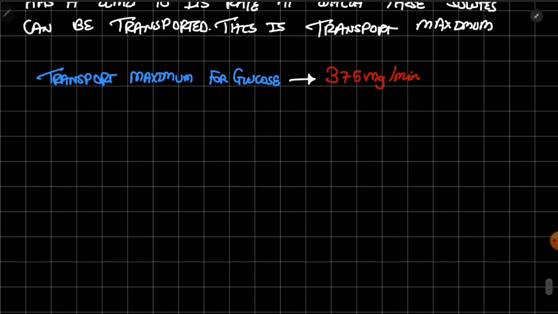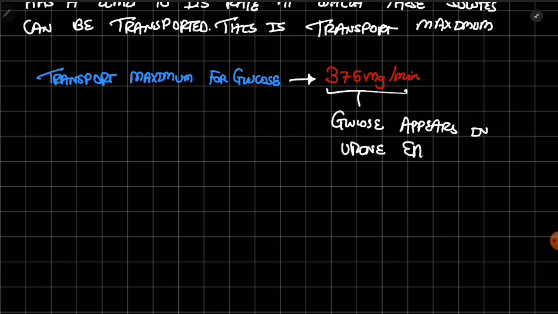Glucose appears in urine earlier. Why does this splay occur? This is termed splay.